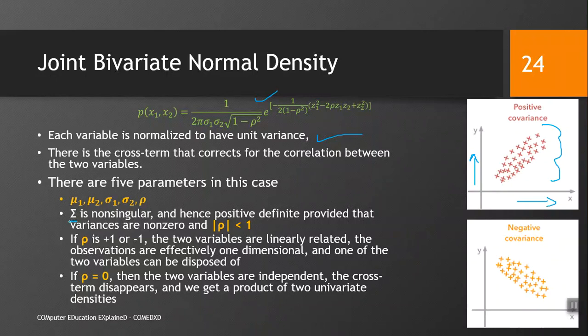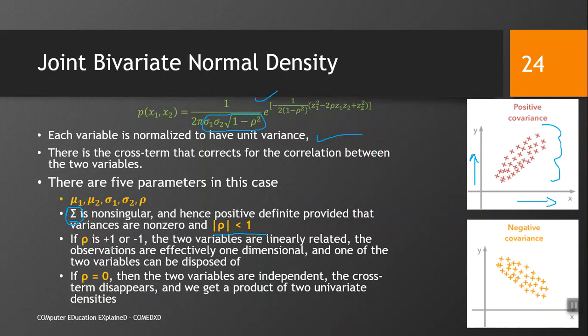Sigma, the covariance matrix, is non-singular and hence positive definite provided the variances are non-zero, and rho is given by this. So interestingly, you can see that the covariance matrix is represented with the help of these values. Try to understand how that is represented with the help of these values.